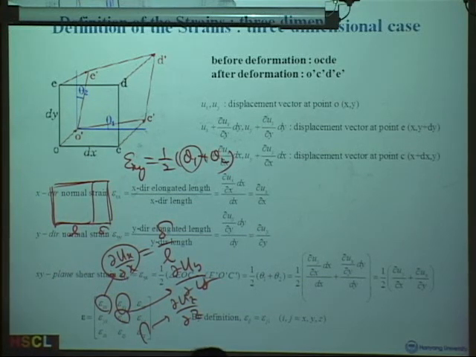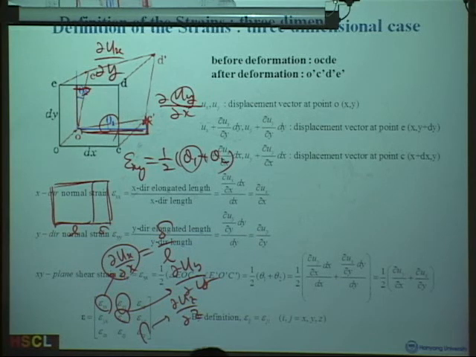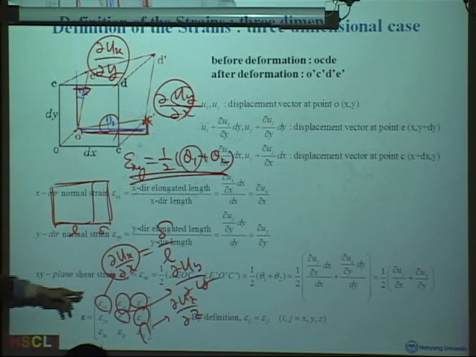Theta 1 is simply the y-directional displacement changing with respect to x. Pay attention: y displacement with respect to x is theta 1. And how about this one? This is the x-directional displacement with respect to y. So adding those two terms gives us epsilon xy. Okay? Similar to this one, we can define this and this, all 3 components of shear strain.